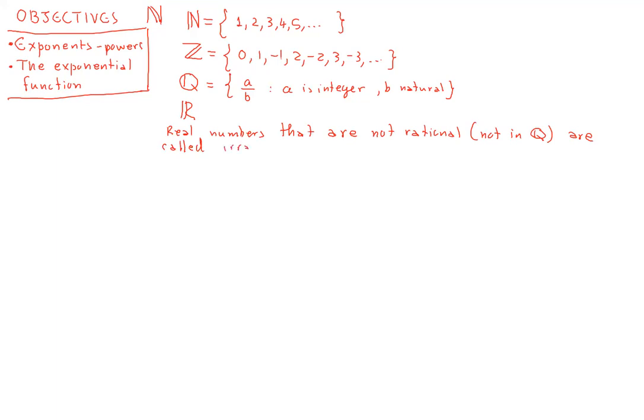A very nice characterization of irrational numbers is that a number is irrational if and only if its decimal expansion does not start repeating at any point.